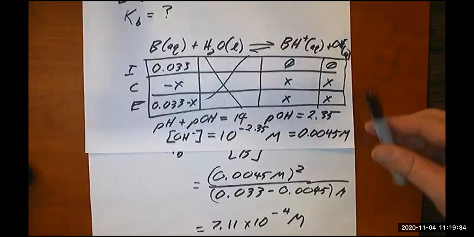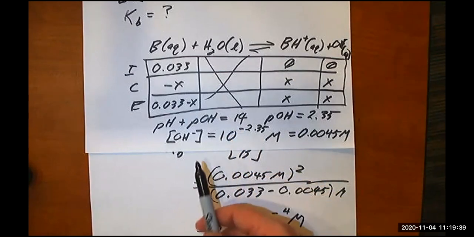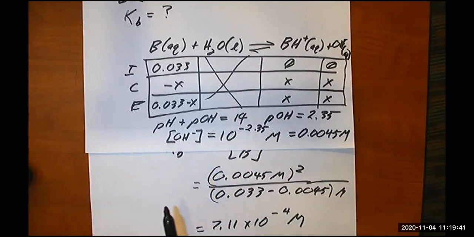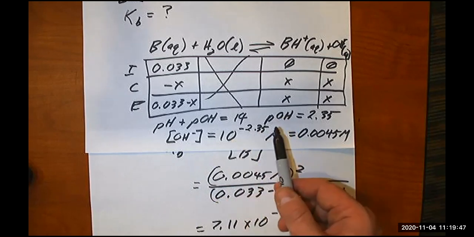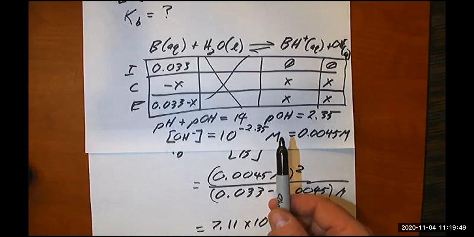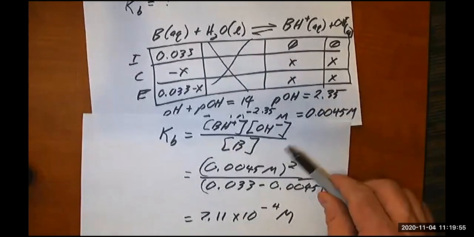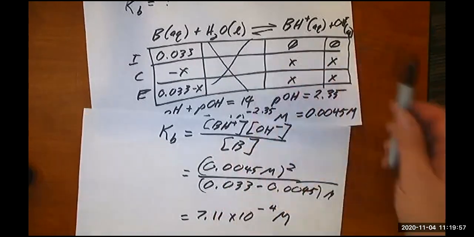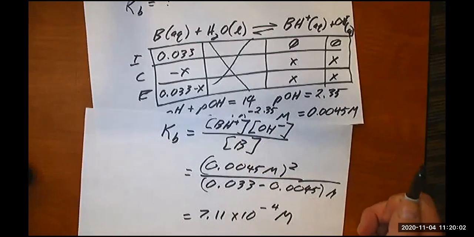You need to know the relationship between pH and pOH, or the relationship between concentration of hydroxide and concentration of hydronium. You need to know how to get into and out of the P scales, pH, pOH, pKa, pKb. You need to know how to write down an equilibrium constant from a reaction: what the expression is, what concentrations you put where.